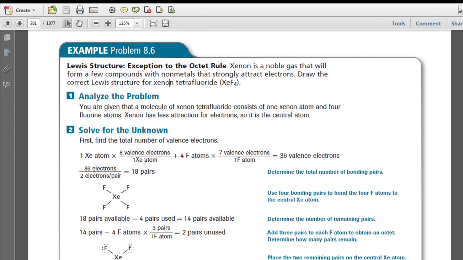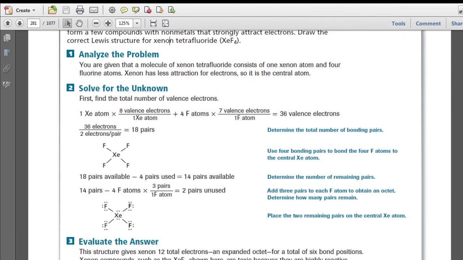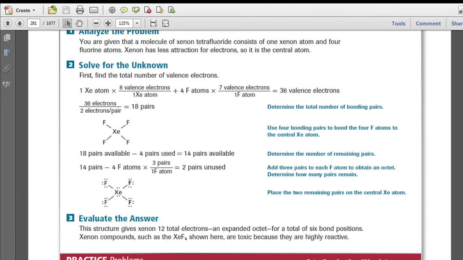So xenon is going to be our central atom here. Fluorine atoms are going to be our terminal atoms. We've used 4 pairs of electrons to bond xenon to the fluorines, and now we have 14 left over. Let's put those 14 pairs to work. We're going to use them on the terminal atoms first.